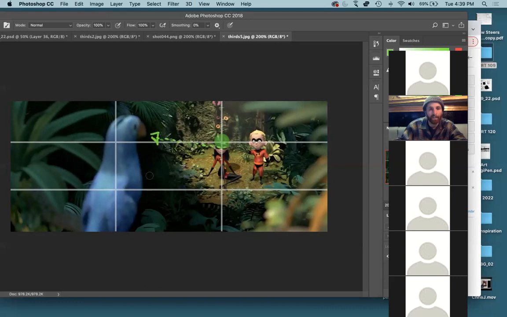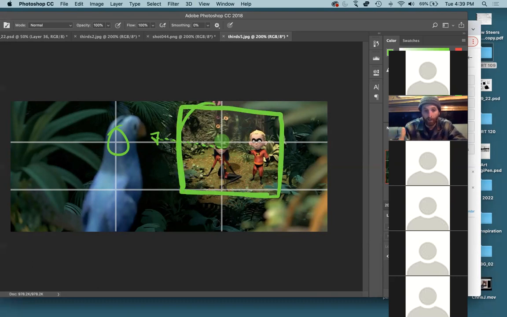Brings us up to that secondary focal point there, the bird that's also on a third. So nice spacing there. See all these plants kind of create a little frame around the characters. We'll talk about that later. Creating a frame in your artwork is a nice way to make the focal point stand out as well.